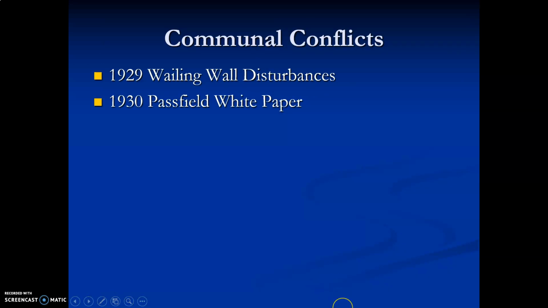In response to this, the British want to figure out what the problem is. So they set up this commission, and the commission wrote in 1930 what's known as the Passfield White Paper. Okay, the Passfield White Paper. So this commission was called the Shaw Commission.